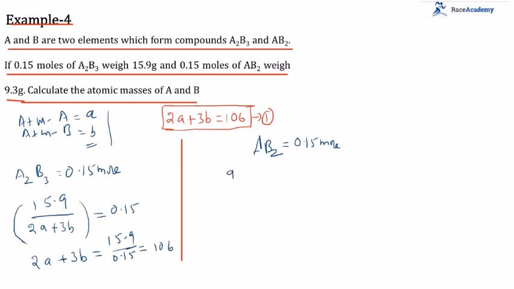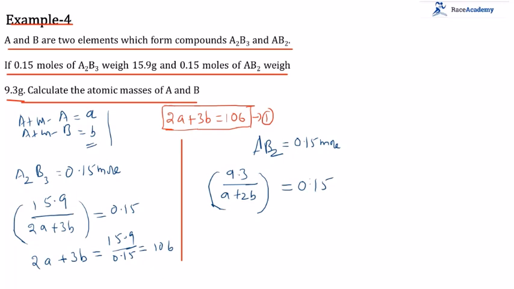So 9.3 divided by the sum of the atomic masses, A plus 2B. So 9.3 by A plus 2B is equals to how much? 0.15.